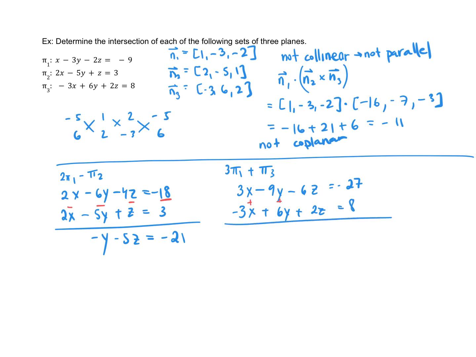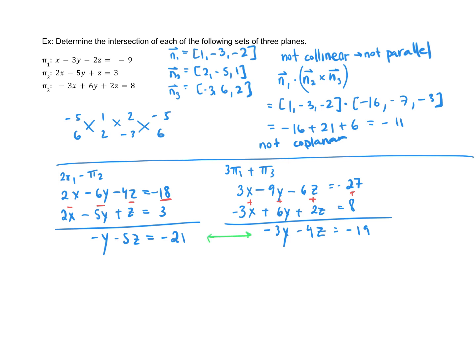Okay, so we're going to add here. So the x's are gone again. Then we have -3y, -4z, and -19. Now I can look at these two linear equations.